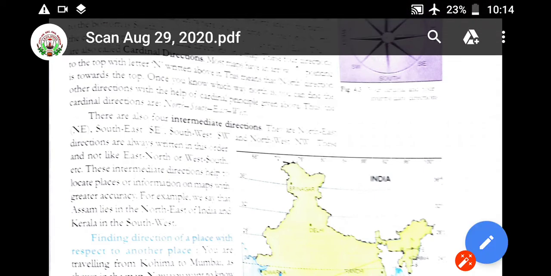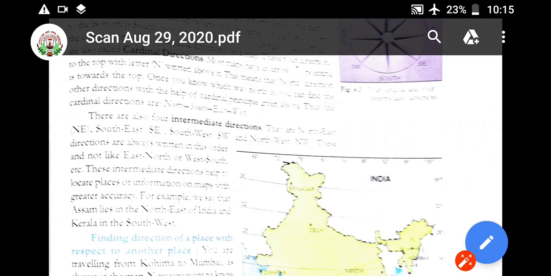These are the four intermediate directions, and they are written in this manner only. You cannot write east north, east south, west south, or west north. Learn this by heart.